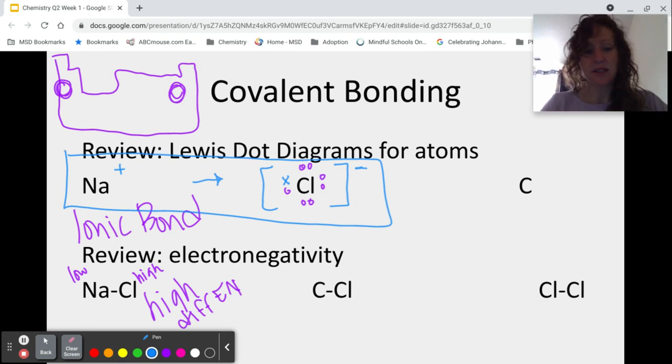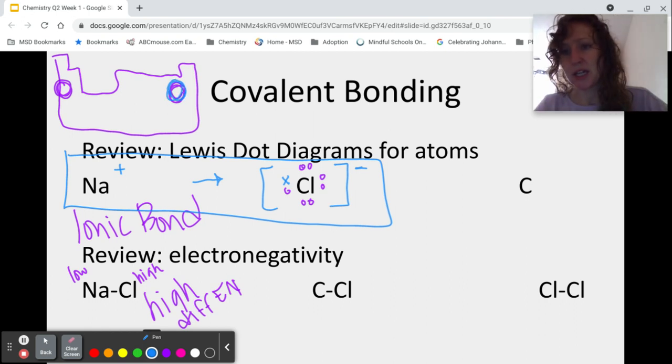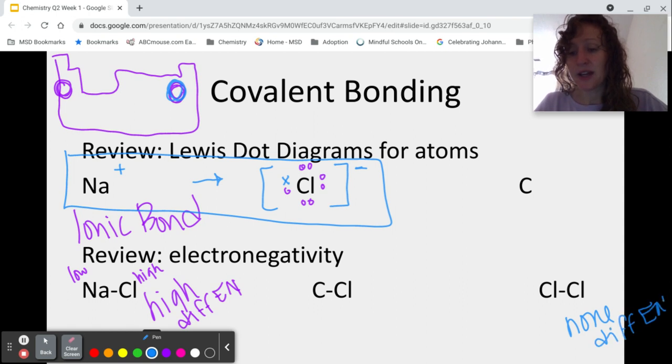Let's go to the other side of the spectrum here, and let's look at the chlorine-chlorine difference in electronegativity. So if we look at chlorine compared to another chlorine, what's the difference in electronegativity there? None, right? There's no difference in electronegativity. They are the same element. They're going to have the exact same electronegativity.